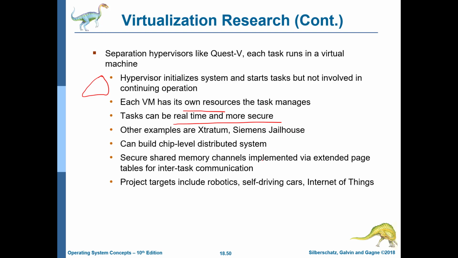Furthermore, we can create secured shared memory channels that can be implemented using the standard paging mechanism or other inter-task communication mechanisms such that these containers can talk to each other. So many projects have started coming up in this space in robotics, self-driving cars, and so on. Many of the modern real-time system applications will benefit by such kind of partitioning.